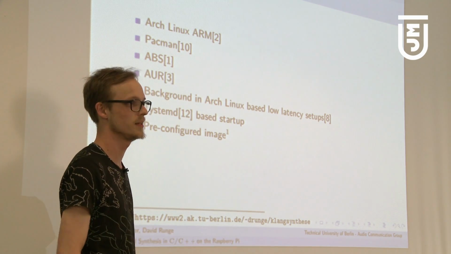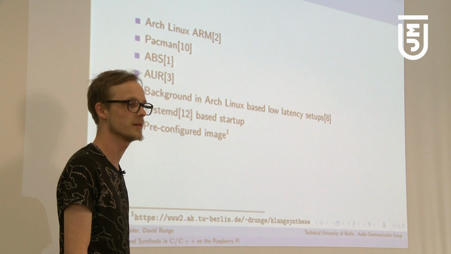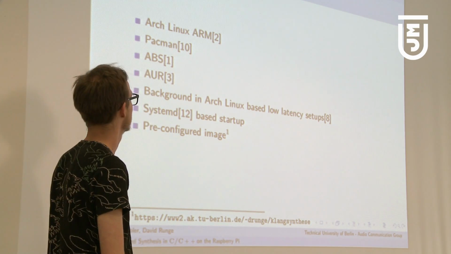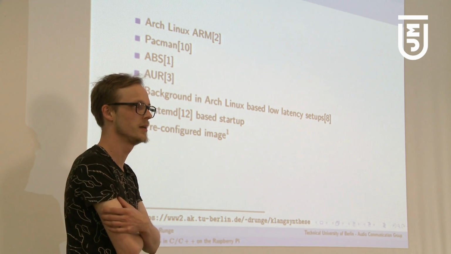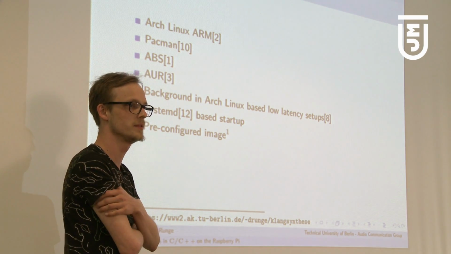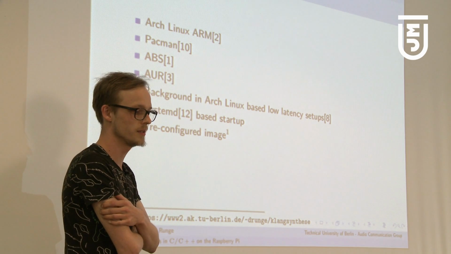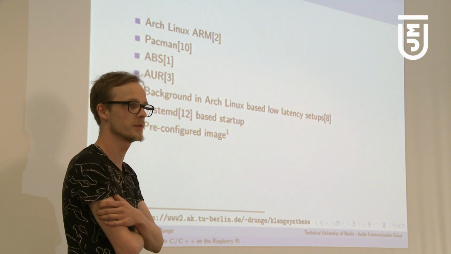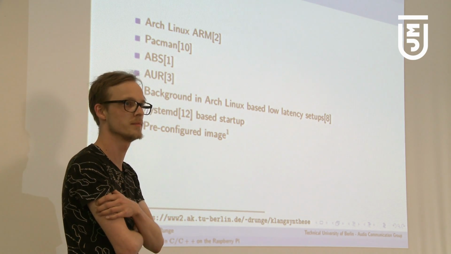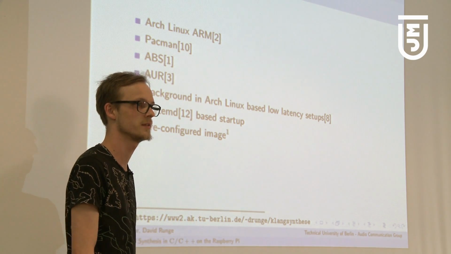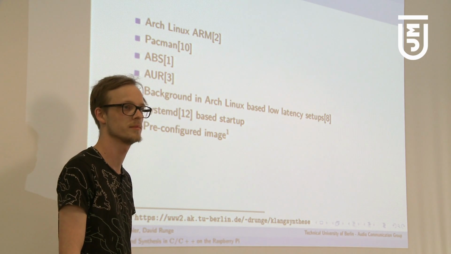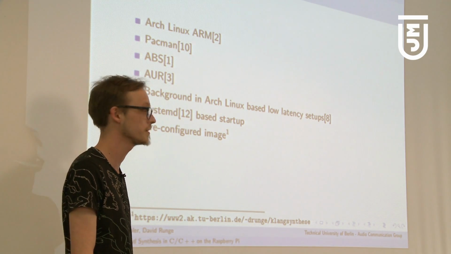As I have mainly a background in Arch Linux and building stuff on Arch Linux, we went for Arch Linux ARM, mainly because we had some incompatibilities with some of the libraries we wanted to use. We needed some newer versions of them, sometimes Git versions that were not available as packages, because we wanted to use features that were not available yet.